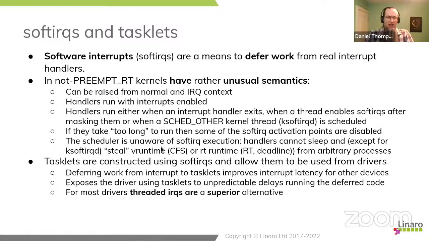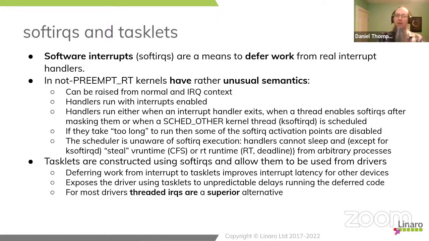And then finally, unless they are running in this kernel thread, K-soft-IQD, the scheduler is unaware of their existence. They are also, like our interrupts, outside the scope of the scheduler. That means the handlers cannot sleep, and it means they steal virtual runtime from CFS processes, and they steal RT runtime from real-time and deadline processes. So we looked at both the execution time, what's it called? Period. I had this on the tip of my tongue this morning.